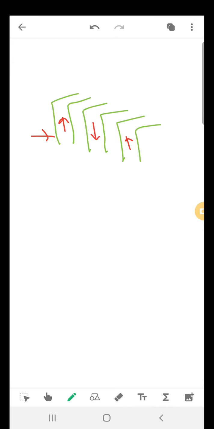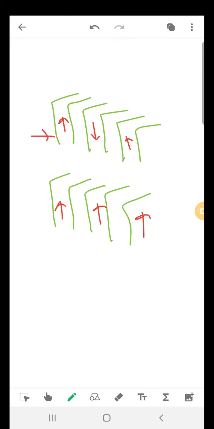Whereas if the magnetization is parallel, like this, then the electron flow suffers much less resistance, and it can flow smoothly through the spin valve.